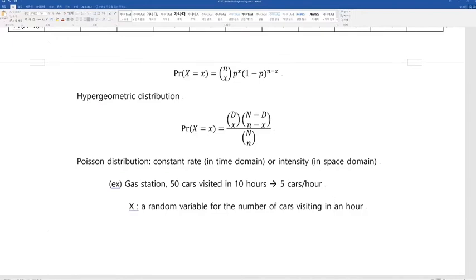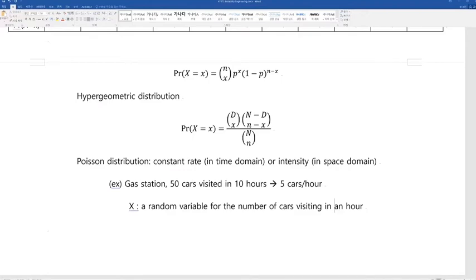If we first specify just 1 hour at any arbitrary time, and we know that on average 5 cars will visit for an hour, but maybe it is a kind of random behavior.